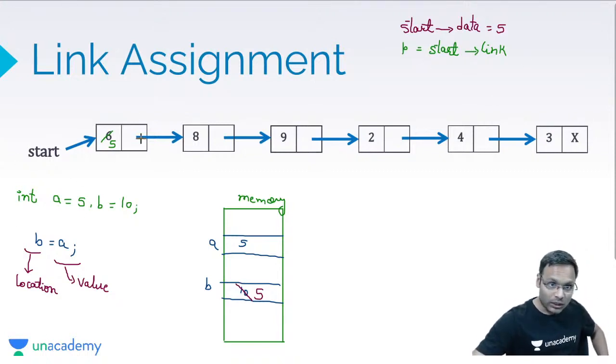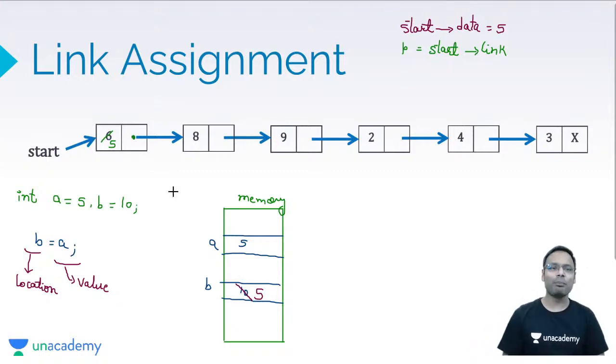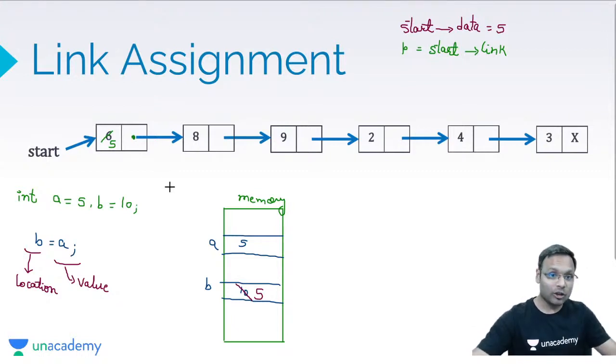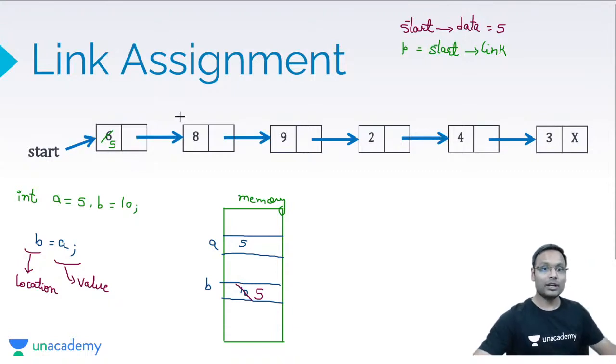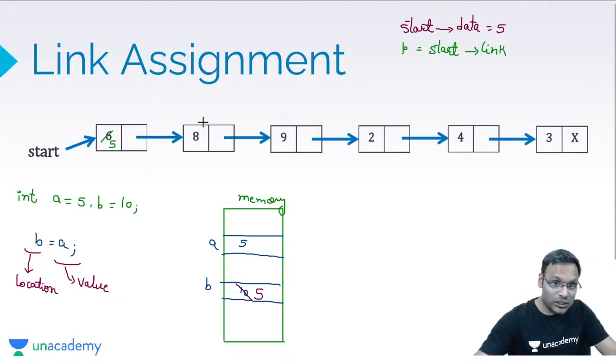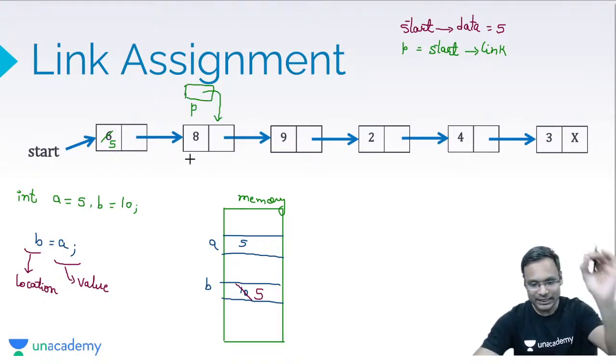Start, this node, link part, this value. What is the value in the link part of start? Link part of this node is actually containing the address of the second node. So this node's address I will have to assign into pointer P. Pointer P will be having the address of this node. Means pointer P points to the second node. Clear?